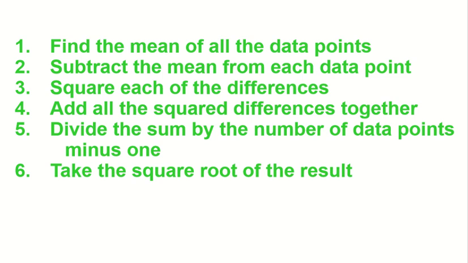Then each of those differences, you have to square them. So if the mean was 4 and you had 5, you do 5 minus 4, and then you got to square it. It'd still be 1. Then you add all those squared differences together, divide by the number of points minus 1.